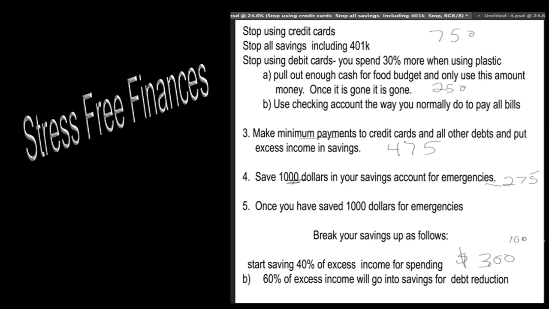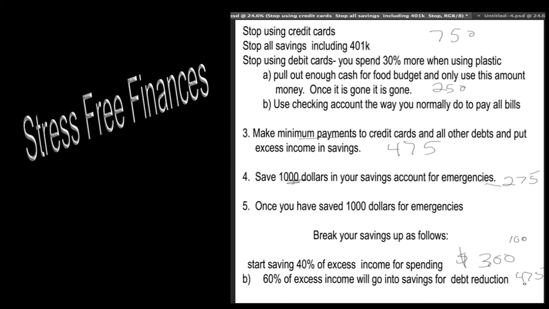That is one of the big things we have to remember when we're starting off: it's not that we can't make purchases, but from our spending money, we have to save up enough to make that purchase in cash. We can't put it on a debit card. And then the rest of it, the $475, is going to go into reducing your debt.